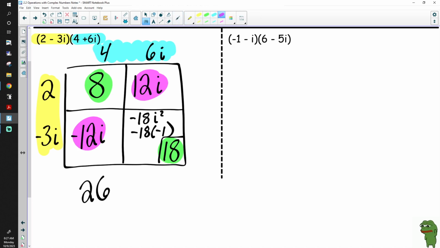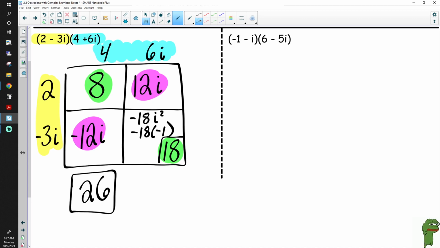What do those add up to? That's 0. So our final answer is just 26. 12i and negative 12i is 0. So we multiply to fill in our box, and then we add our like terms together. And by like terms, I mean we add our reals, add our imaginaries, and that will be our final answer.